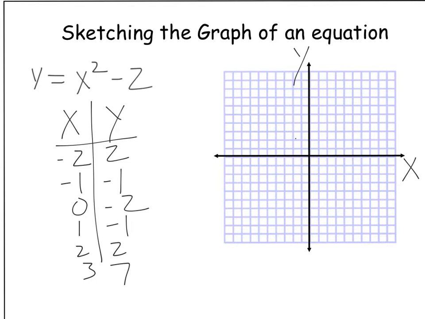What I really want you to see here, though, is that it doesn't matter what type of function it is. Producing a sketch follows the same procedure. We need a table of solution points.